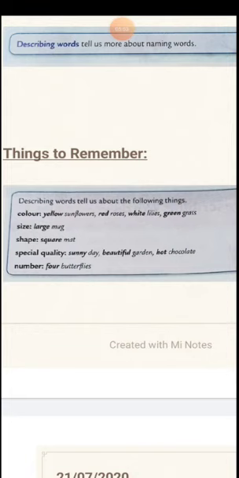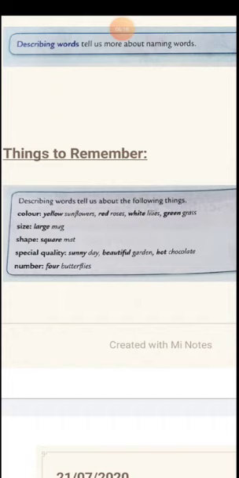That's wrong. So we have to use this describing word first and then say the naming word. Then special quality, the goodness of this, or whatever you want to say something special about it. So we say day. Day is a naming word. And how is the day? The quality of the day. Is it hot? Is it sunny? Is it bright? Is it cold? So here the quality word is sunny.